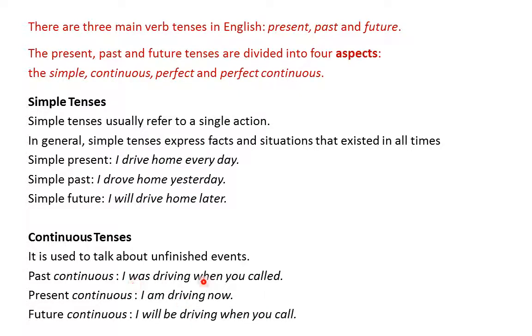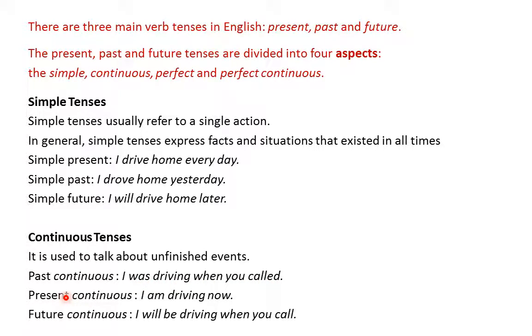It means when you called me, I had already started to drive home, and I was on the way. I hadn't reached or arrived home. So I was on the way, so I was driving.